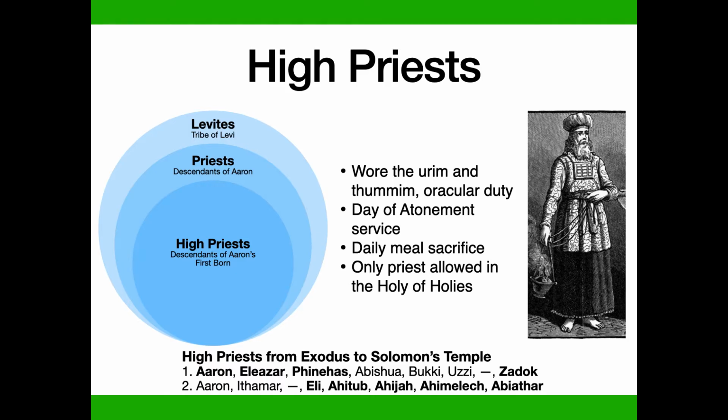But in that transition, Phinehas does not pass it on to his son. It goes back over to Aaron's other son Ithamar's descendant, who is Eli. And then it goes Eli to Ahitub, to Ahijah, to Ahimelech, to Abiathar.